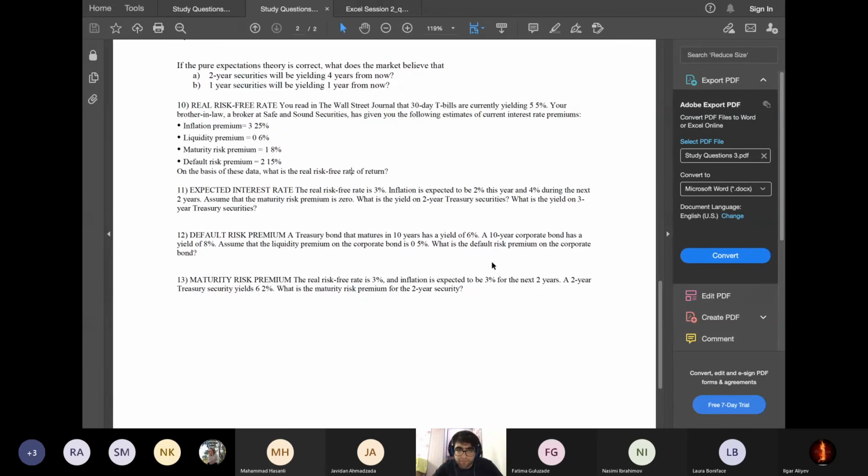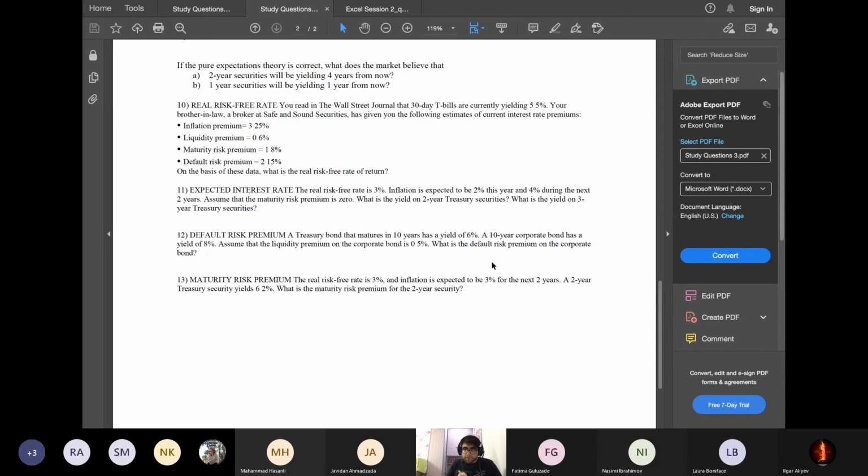We have 2 years, 2-year treasury yields. So in order to find inflation, we should take average of 3% plus 3% divided by 2. Then maturity risk premium. MRP is equal to 6.2%.